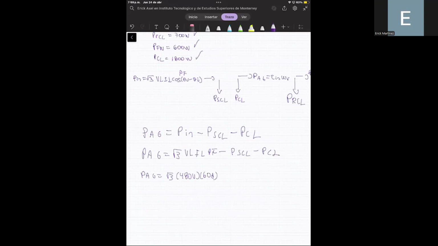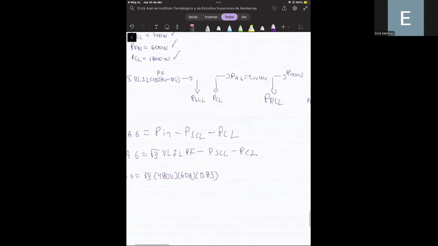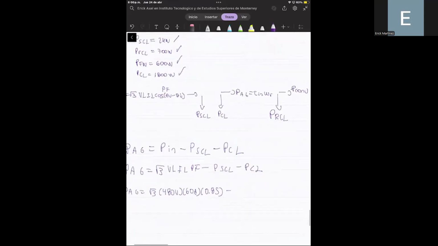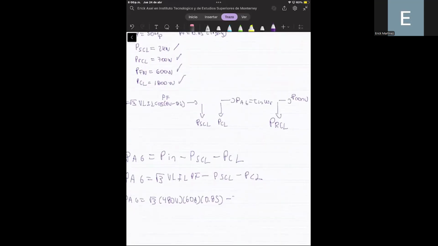And we also know that the power factor is 0.85, minus the stator copper loss, which according to the data is 2 kilowatts, minus the core losses that are 1,800 watts.